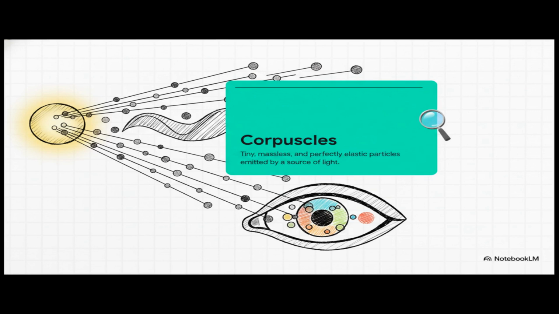And because they were so ridiculously small, Newton argued that a source could emit light for a long time without losing any appreciable mass. He theorized that these particles traveled at unbelievably high speeds in straight lines through a uniform medium, completely unaffected by gravity. He even suggested that different sizes of these corpuscles were exactly what produced the different colors of light we see. And when these invisible bullets finally hit your retina, boom, vision is produced.